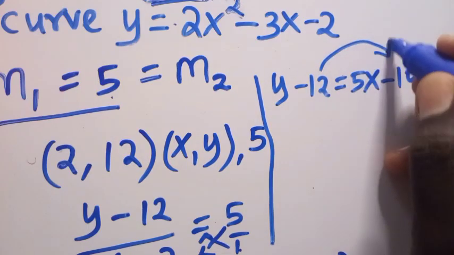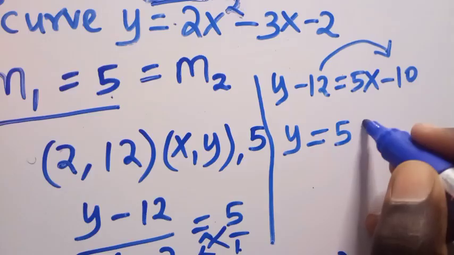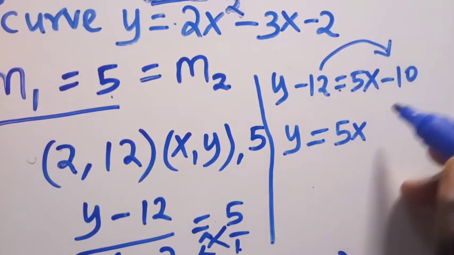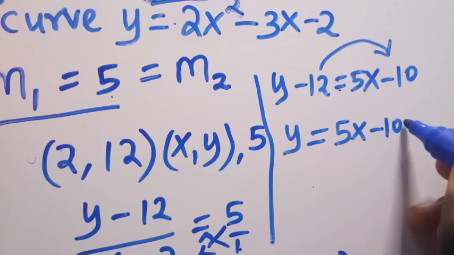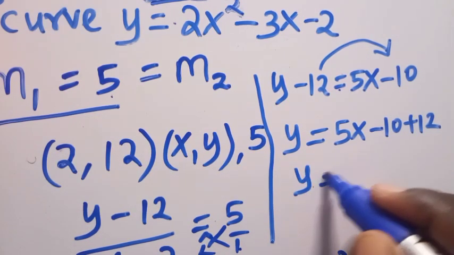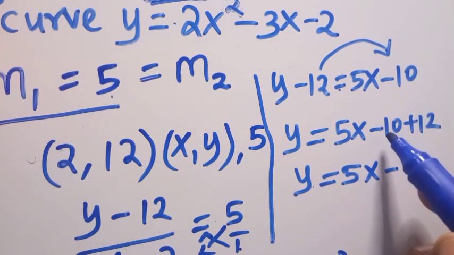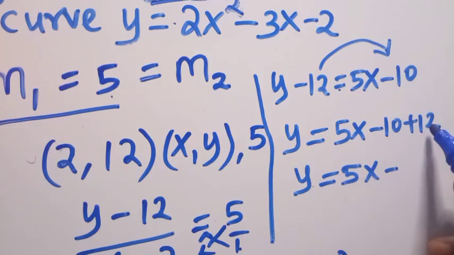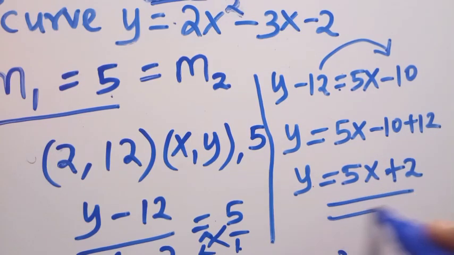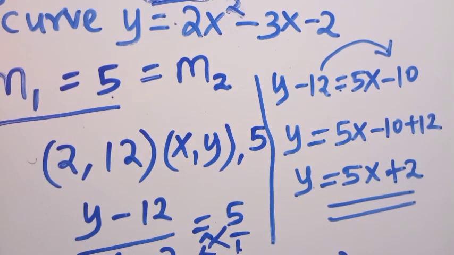If we collect the like terms, it will be y equals 5x minus 10. The negative 12, when it crosses the equal sign, becomes positive. Therefore, it will be negative 10 plus 12, which is positive 2. And therefore, y equals 5x plus 2. This is the equation of the tangent.